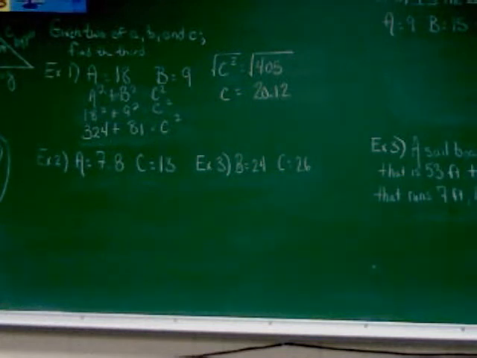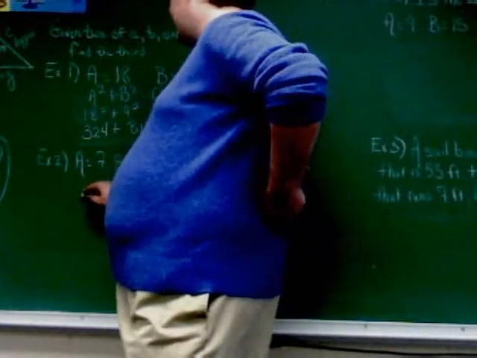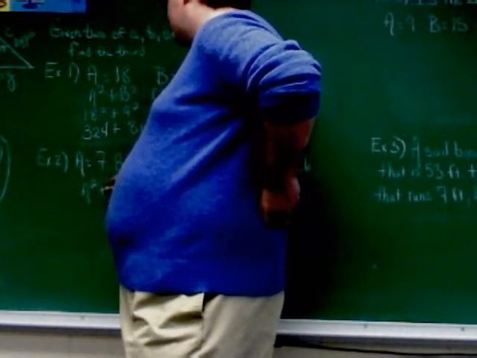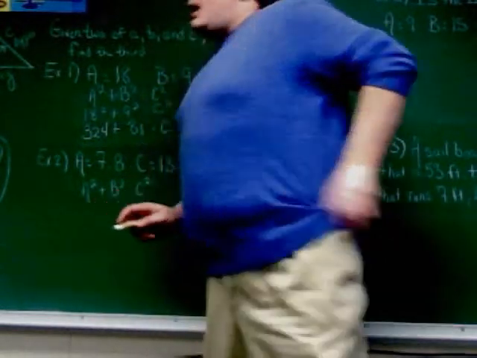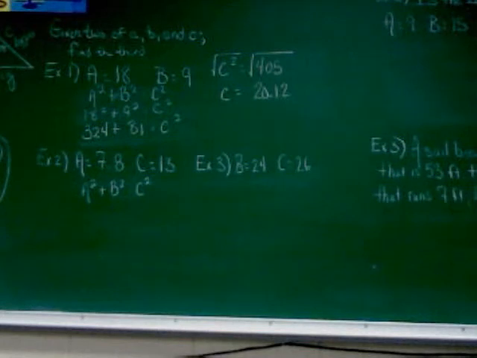Example 2 says a is 7.8 and c is 13. a squared plus b squared equals c squared.